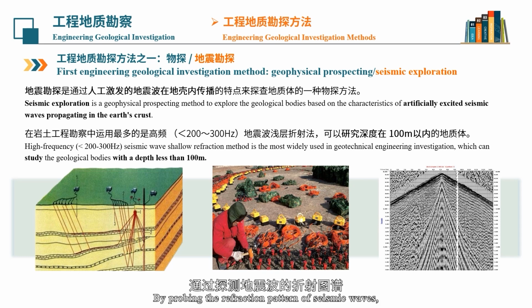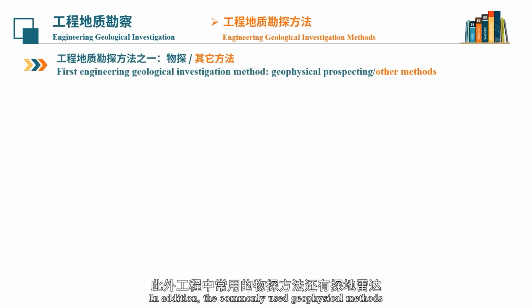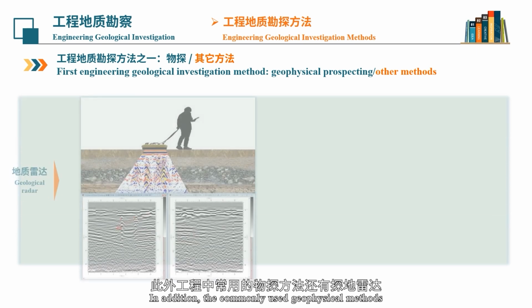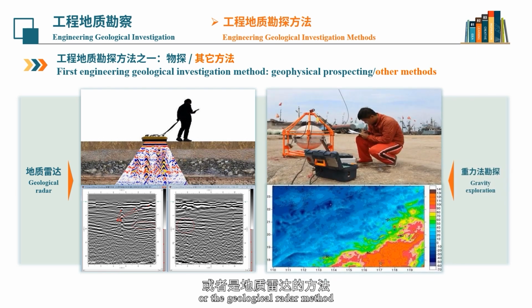By probing the refraction pattern of seismic waves, it is possible to study geological bodies with depths up to 100 meters. In addition, the commonly used geophysical methods in engineering include ground-penetrating radar, or the geological radar method, and test methods for gravity exploration.